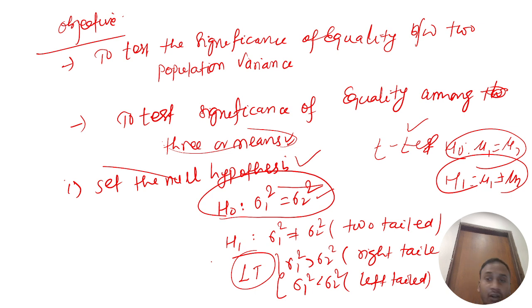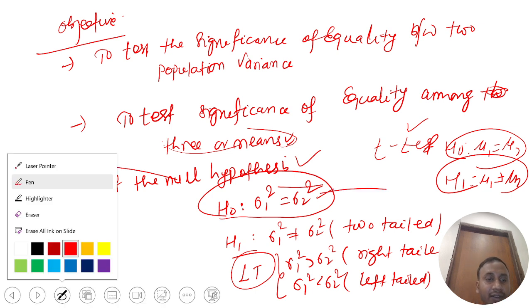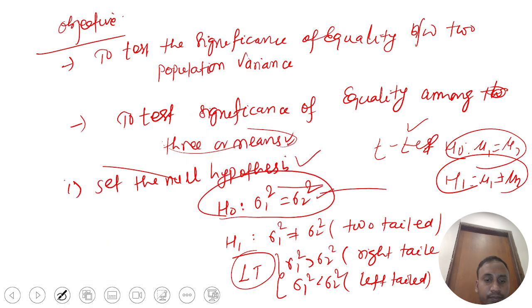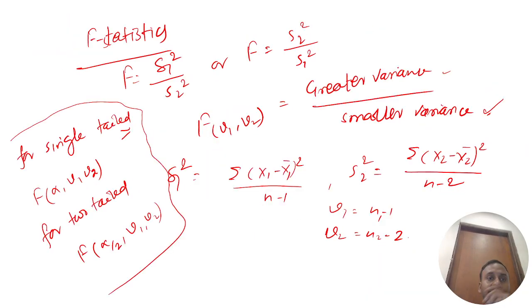Now we'll check the hypothesis. So what is the F statistic? F is equal to S1 square by S2 square, or S2 square by S1 square.